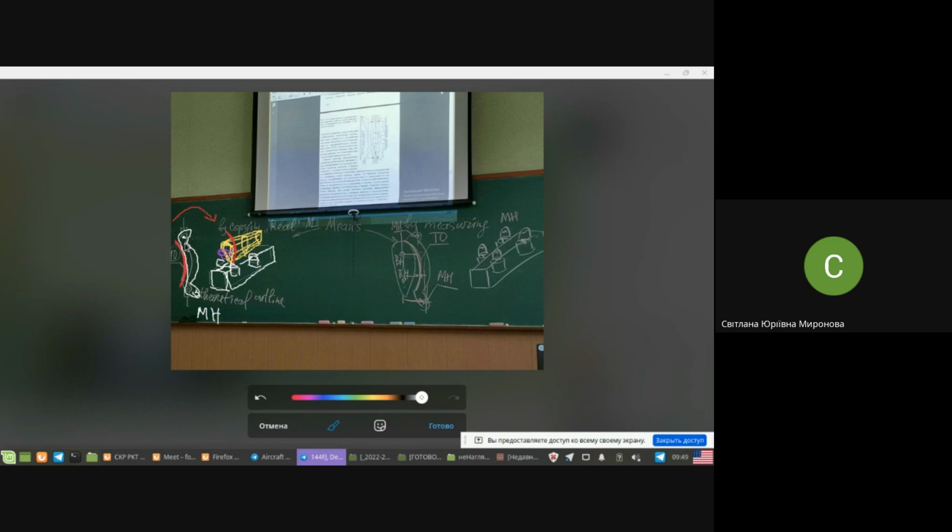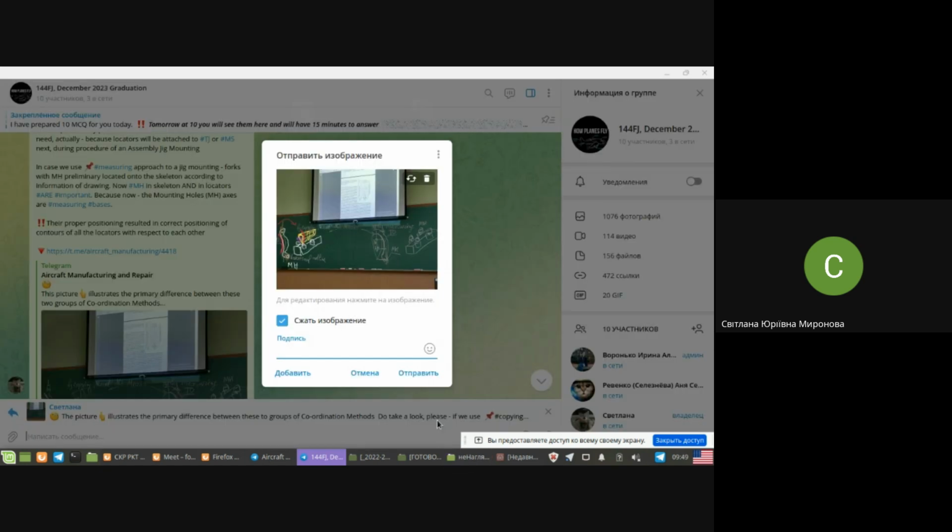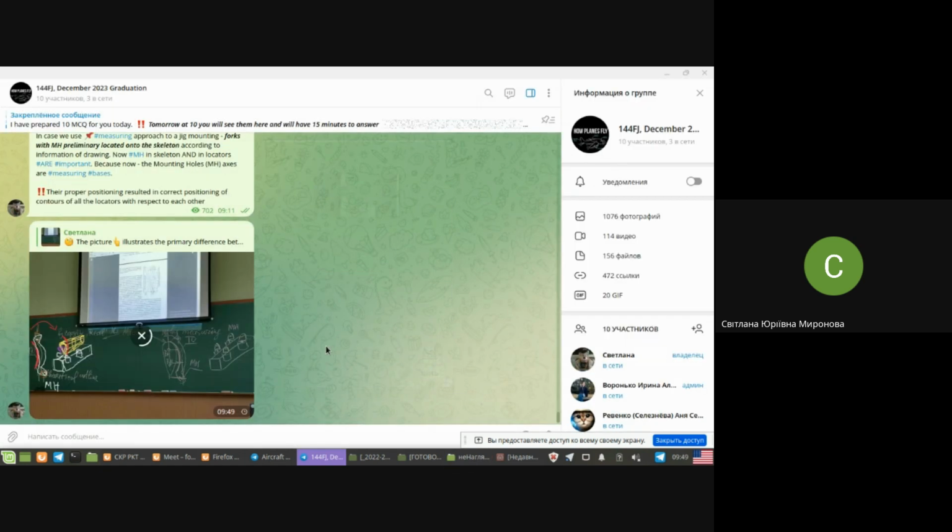Locators here, you see, and fork-like connectors, they just hang it here, join it with pins or however, but their position is not interesting for us. Let's drop it. It was one way to know it.